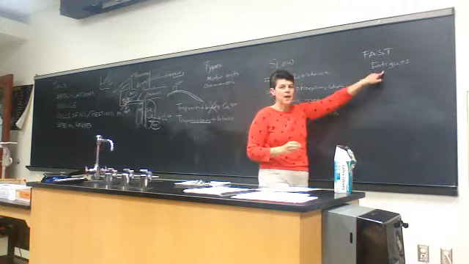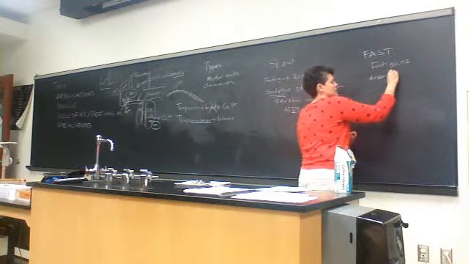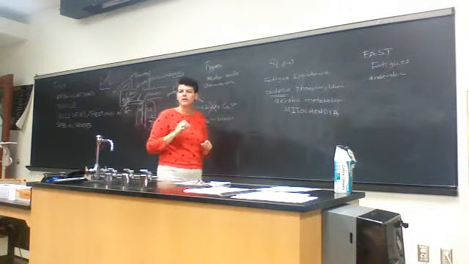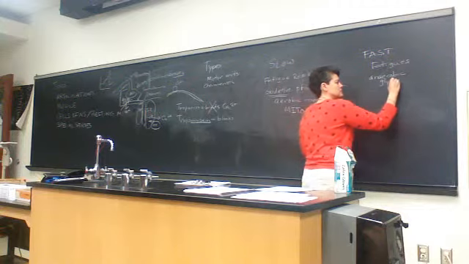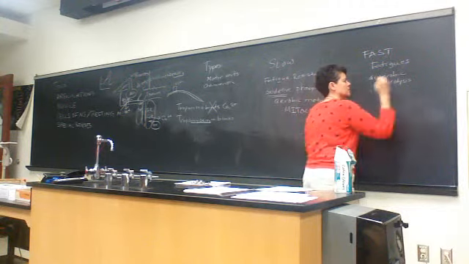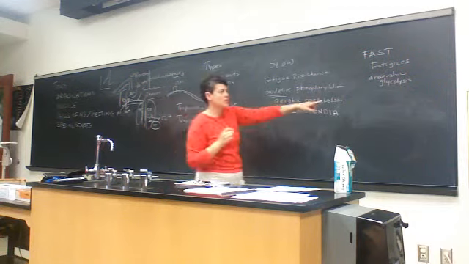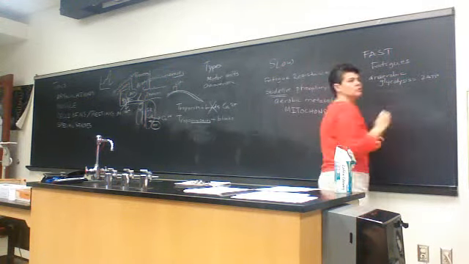Okay? Fast twitch uses anaerobic mechanisms to produce ATP, right? That's glycolysis. You remember when we were covering this, we said glycolysis, you make 2 ATPs for every glucose.